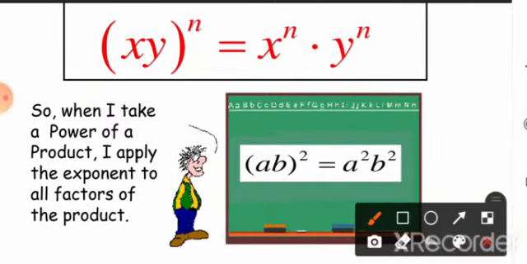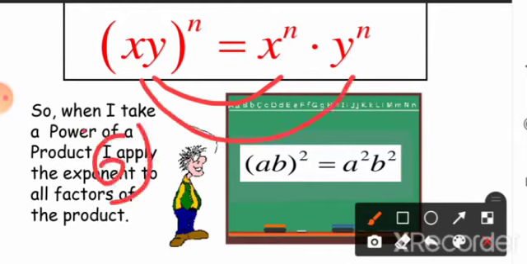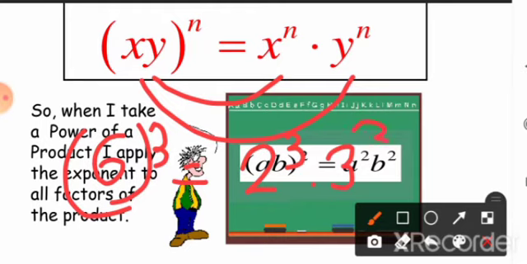So xy power n is equal to x power n into y power n. Like one example, 6 power 3 is given, so you can write 2 power 3 into 3 power 3. You can take any other example also.